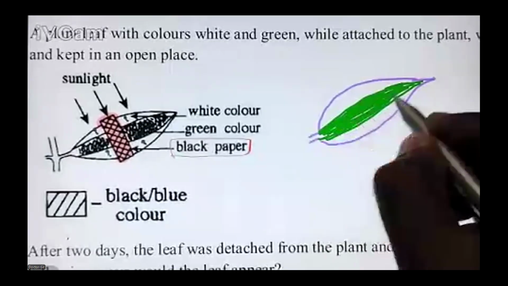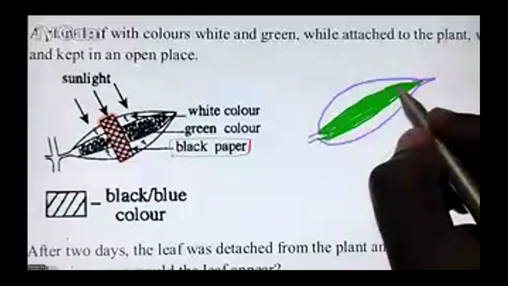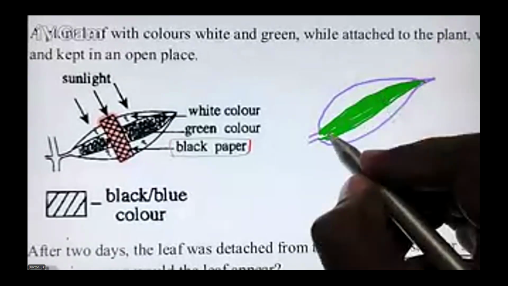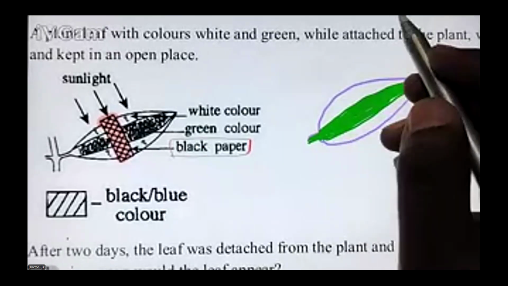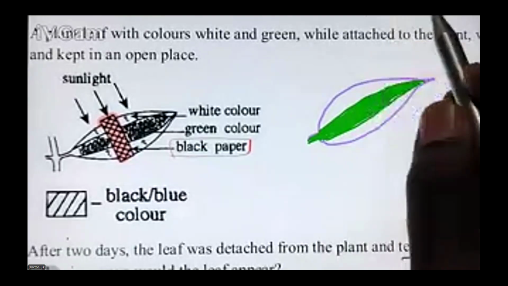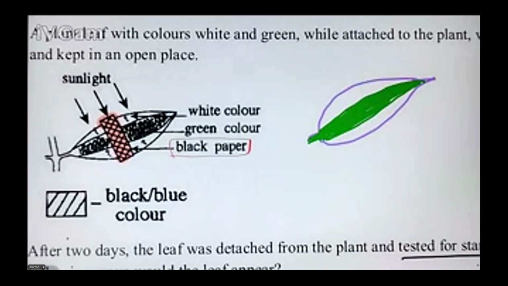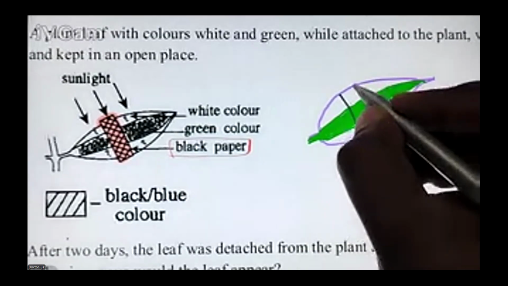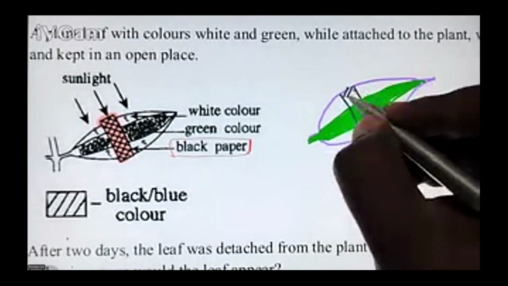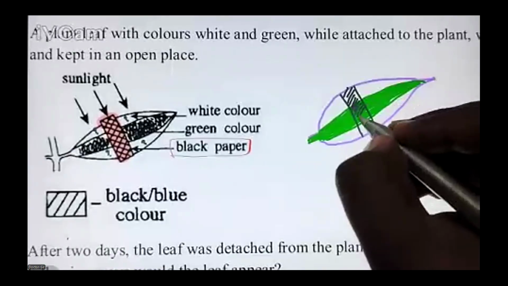So it will not give a positive answer for the starch test. But the thing is, part of the green leaf as well as the white leaf area is also covered. So that covered area also does not undergo photosynthesis.